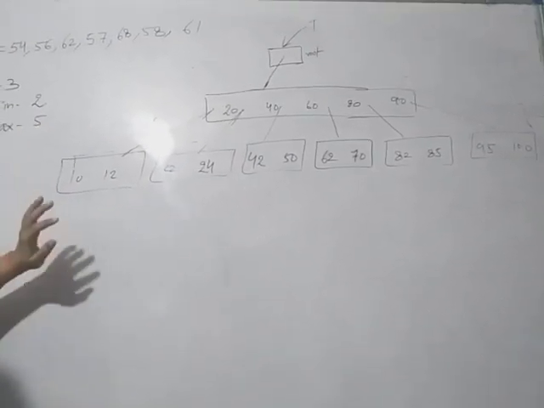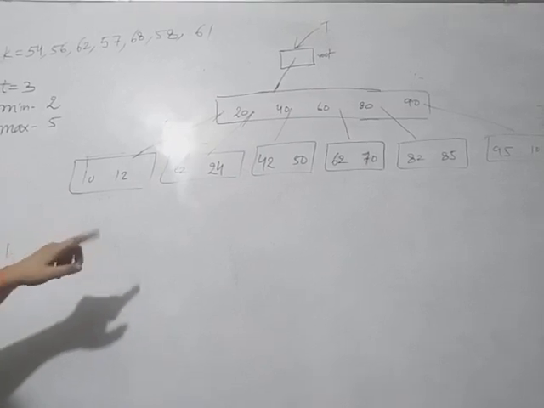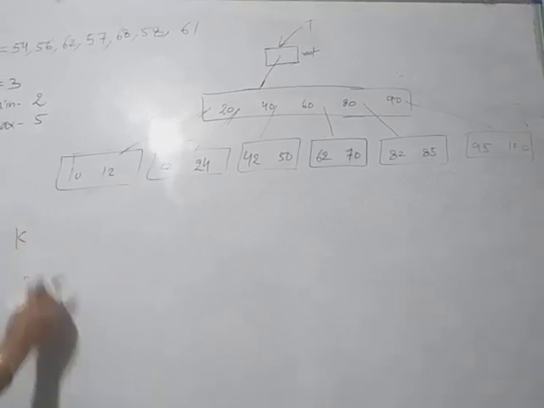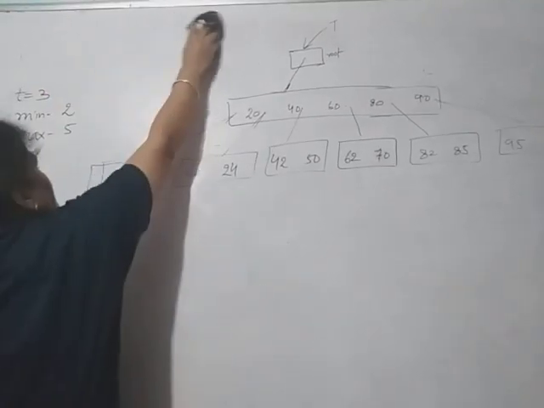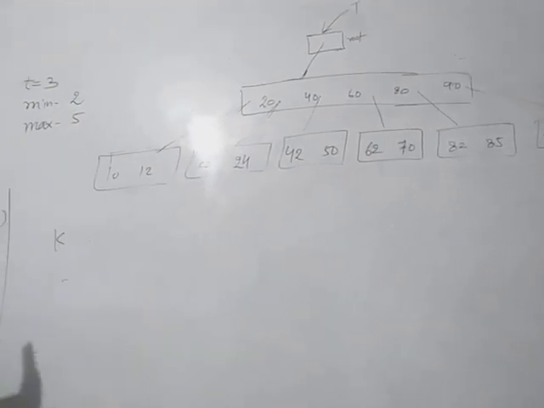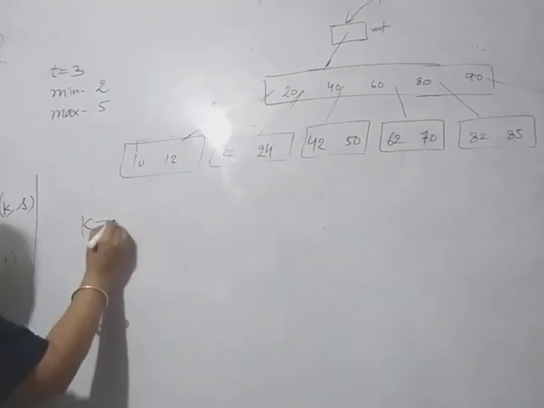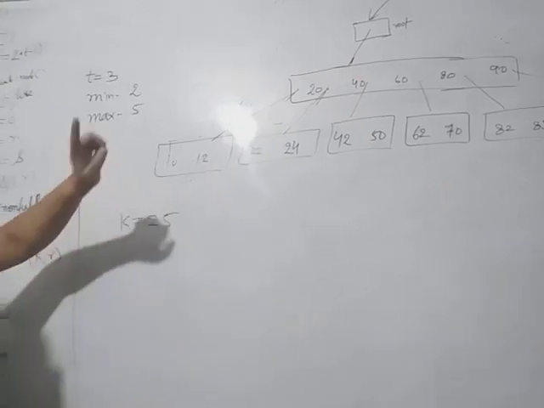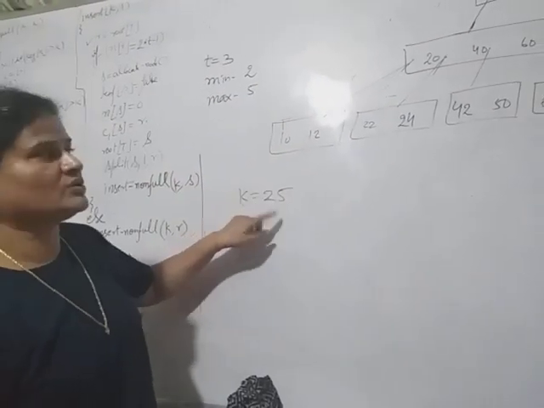T is equal to 3 and the minimum number of keys is 2. Now suppose I want to add K equal to 25 in this B tree. I have done this to check the case when the root is full. So K equal to 25.